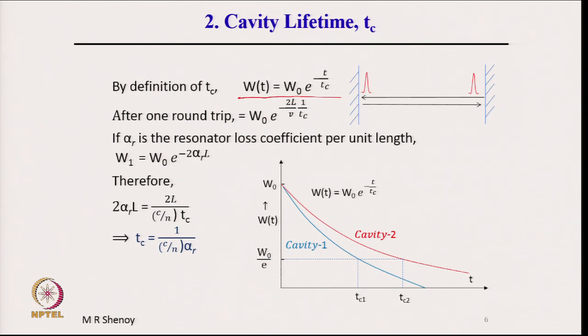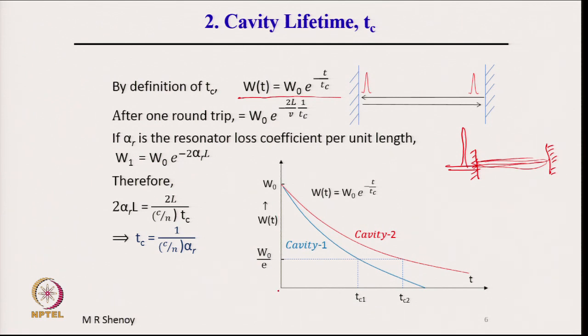What it means is, if you consider any resonator and at t equal to 0 you input some energy, let us say an impulse or burst, then with time the energy goes back and forth, and because of the finite losses, both due to finite reflectivity of the mirrors and the other losses, the energy will go on dropping.